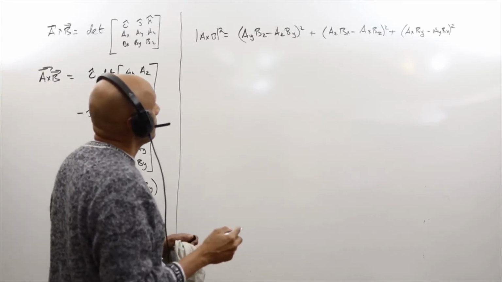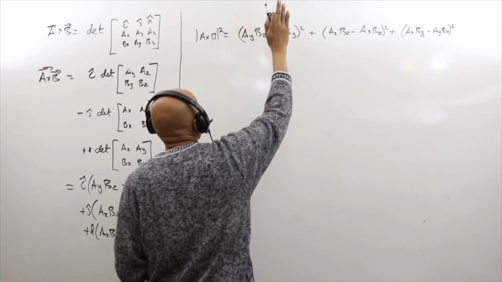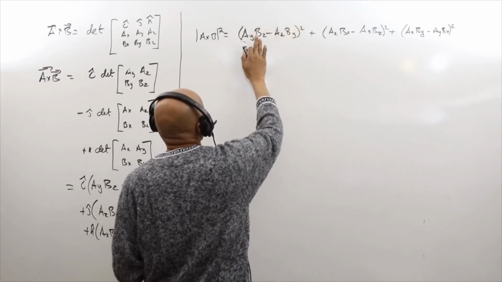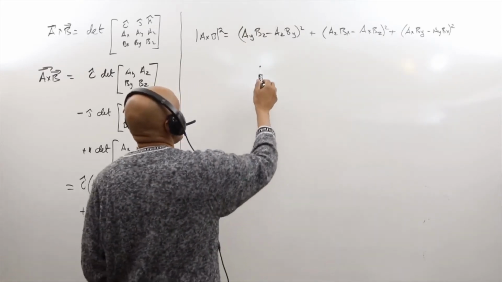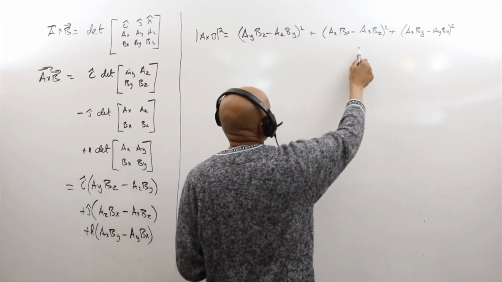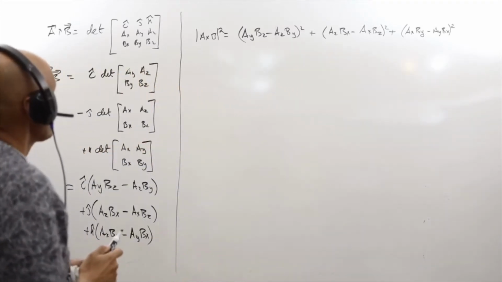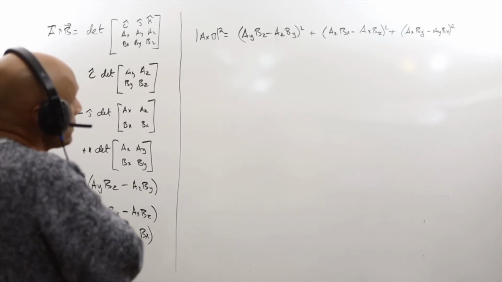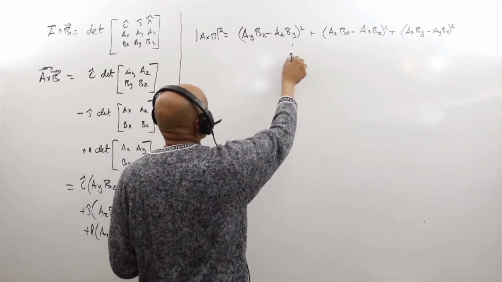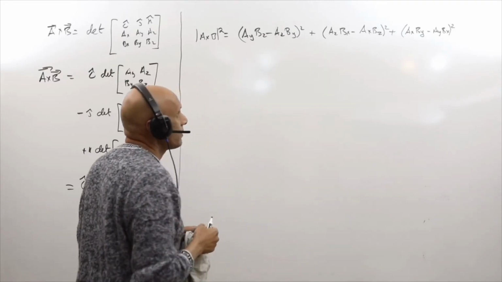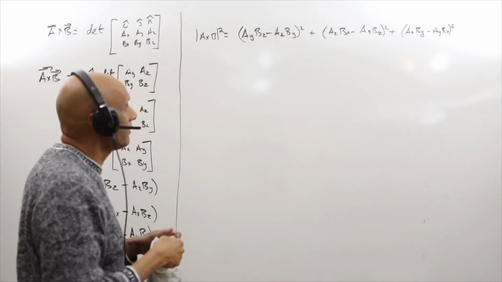Now we can expand these terms out, so we'll get three elements each: something squared plus something squared minus 2 times this times this, and we repeat this for all three. If you look at it carefully, we'll get Ay squared Bz squared, and I don't want to go through the steps of actually expanding, because it's time consuming and I don't have a lot of space on the board.